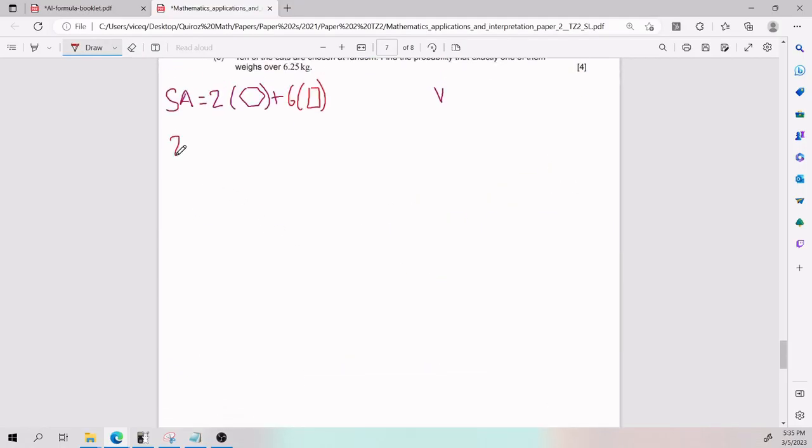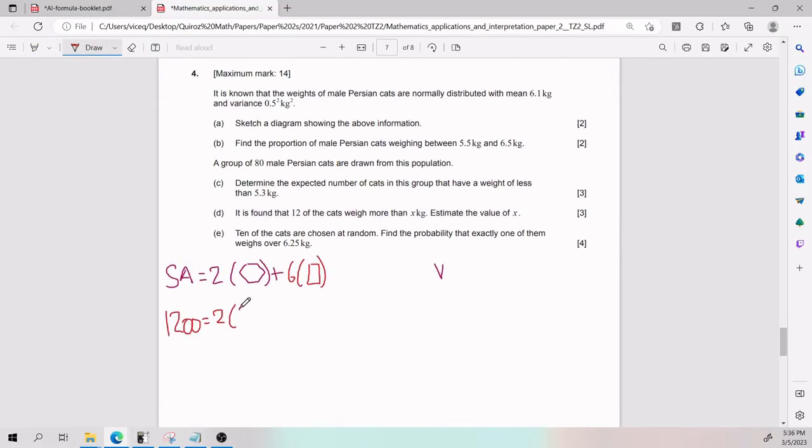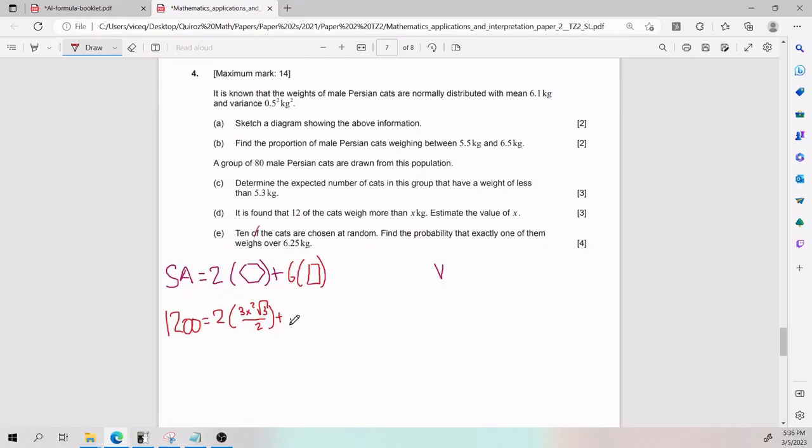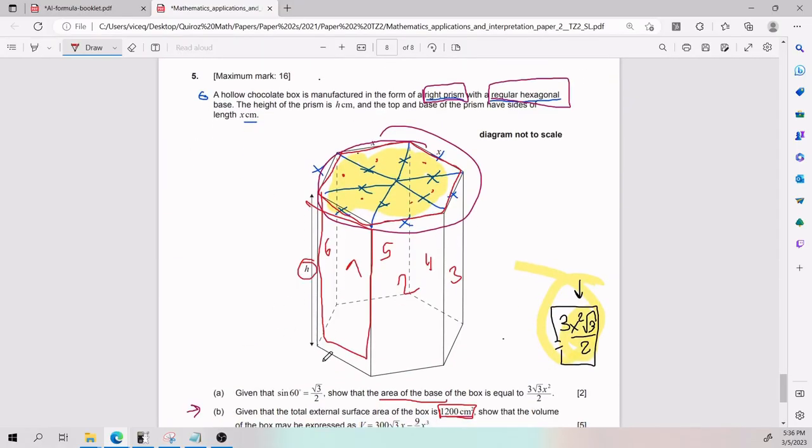So here we have 1200 equals 2 times the hexagons. The hexagons are actually what we had in yellow this whole time. So we have 3x squared, square root of 3 divided by 2, plus 6 of these rectangles. And now the rectangle, what is the area of that? Well, we have height and the side down here, x.